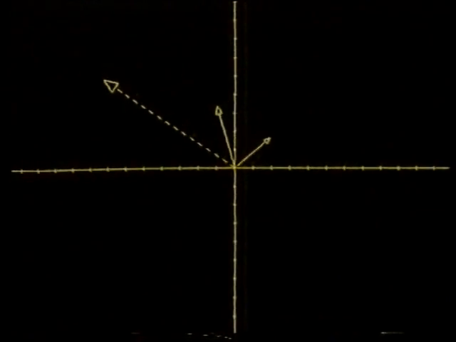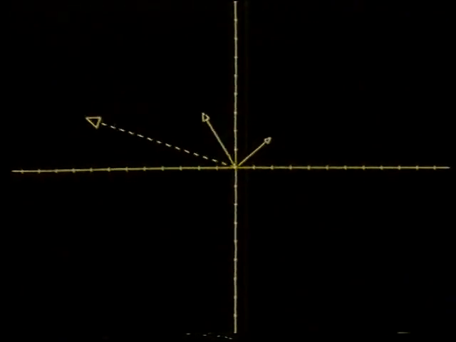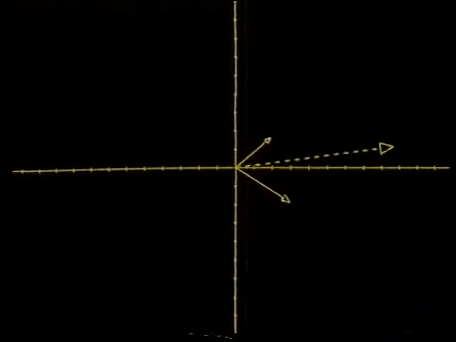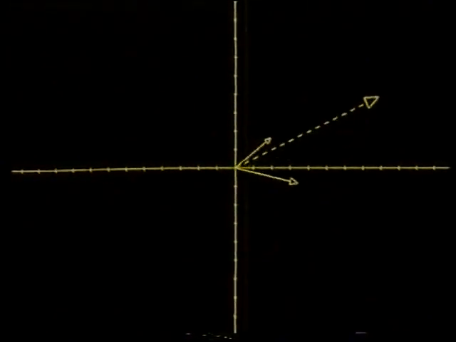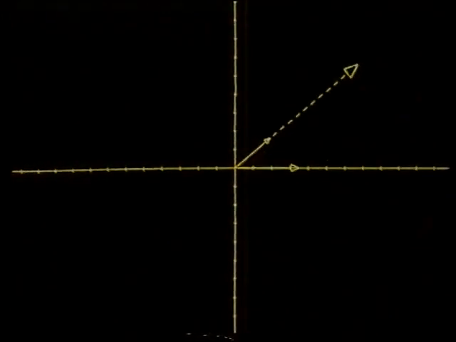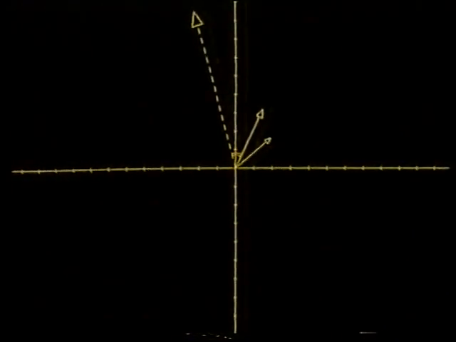As we change the numbers, the product changes too. Look at how it changes. The product always leads by the same amount. What is that amount? It's just this. To get the angle of the product, we add the angles.